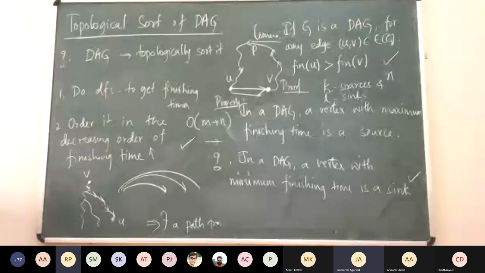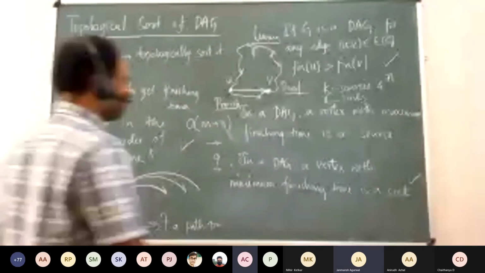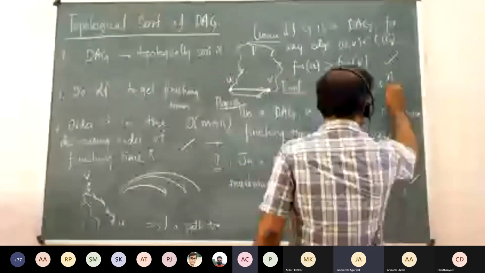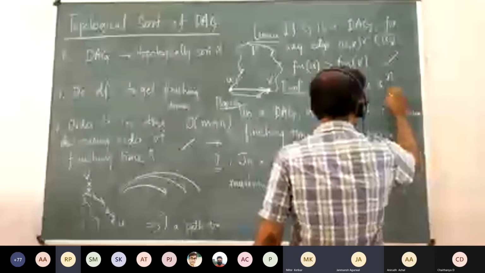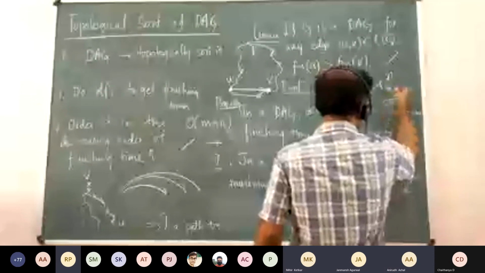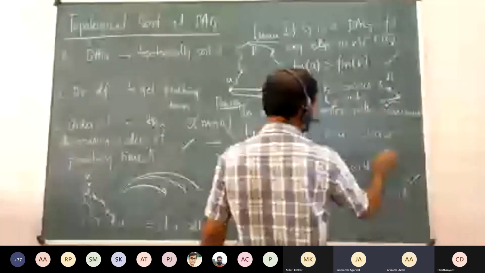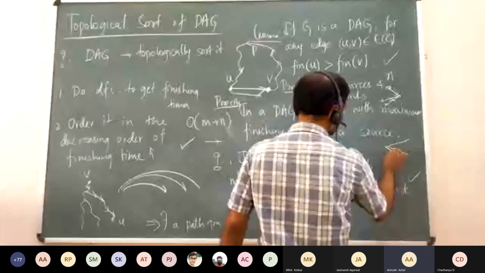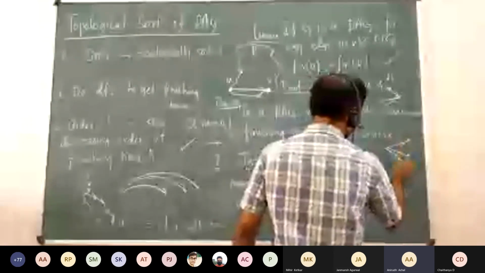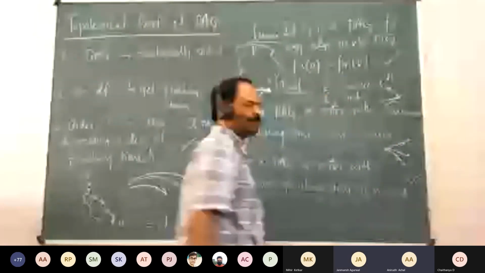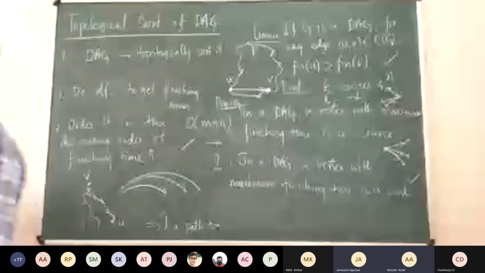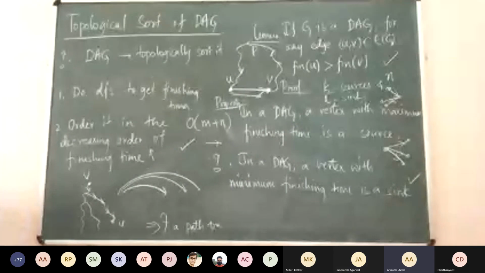L will be less than or equal to k, right, sir? Why? One source can have more than one sink also. One sink can have multiple edges. The other way is also possible. There is only one source but multiple sinks. There is no relationship between k and L. They are incomparable.